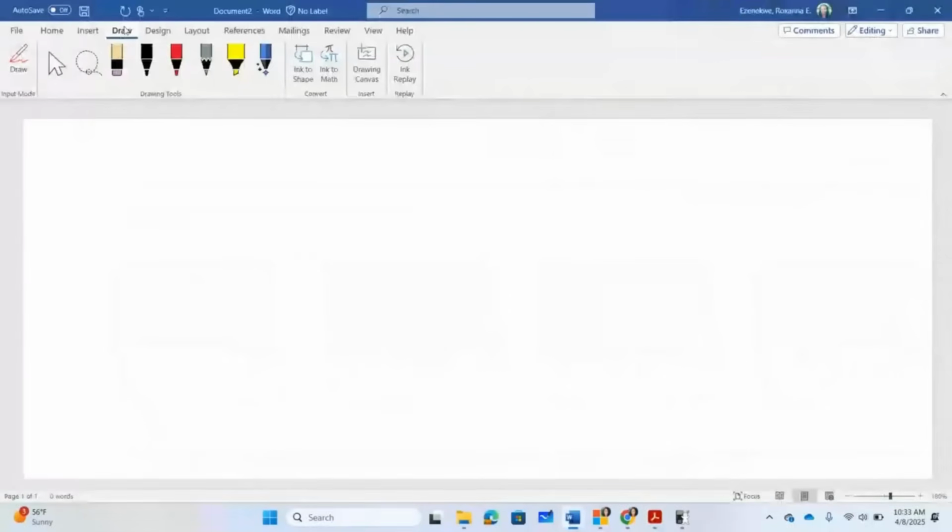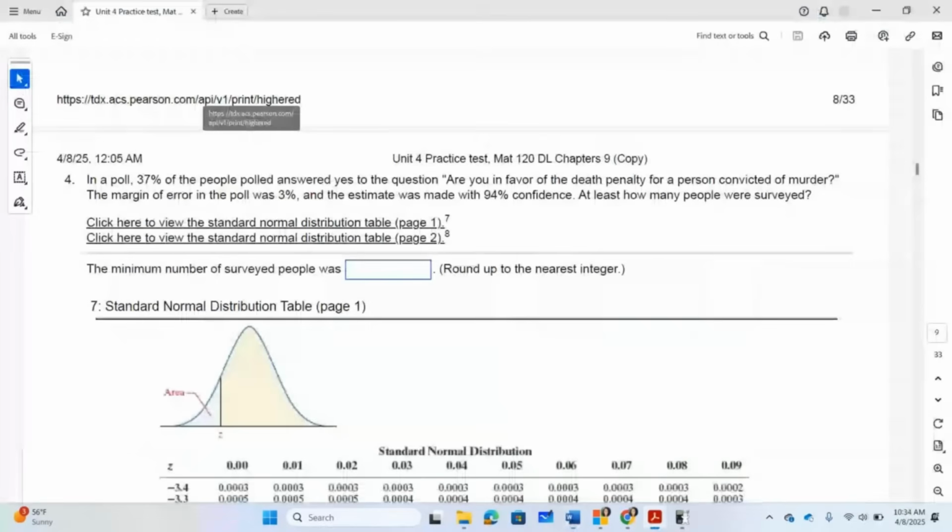So I am given that this is somebody's claim, let's see what it is again. The population proportion is 37%. It says in a poll, 37% of people polled said yes.